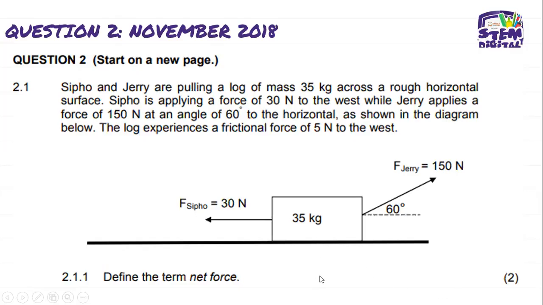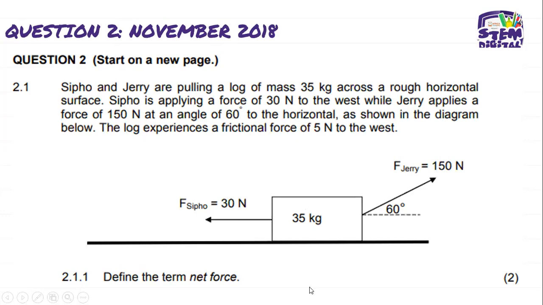It is the force of gravity downwards, the normal force upwards, the force that SIPO is applying, the frictional force acting on the object, and the force that Jerry is applying. So there we have 5 forces that are acting on the object.